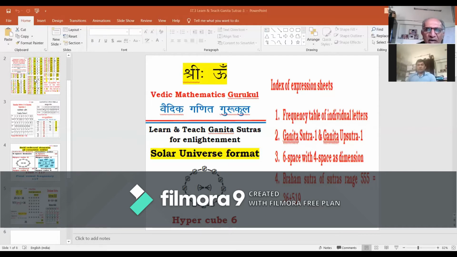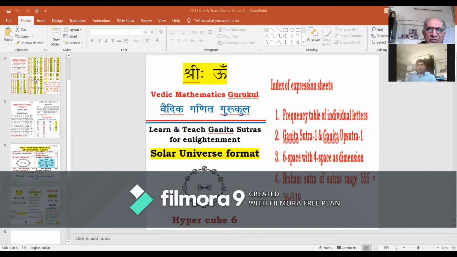And it is here where 13 multiplied by 9 gives 117. It is this value of 117 which takes us to the frequency of the first vowel in the text of Ganita Sutras being precisely 117.